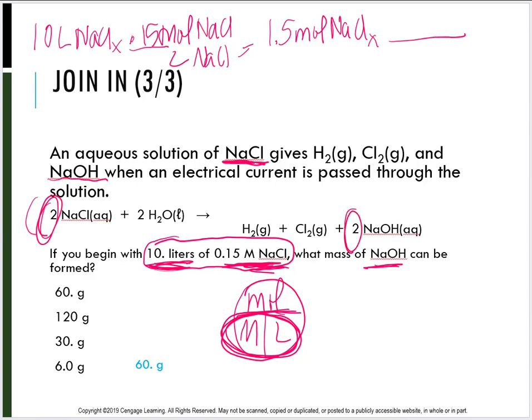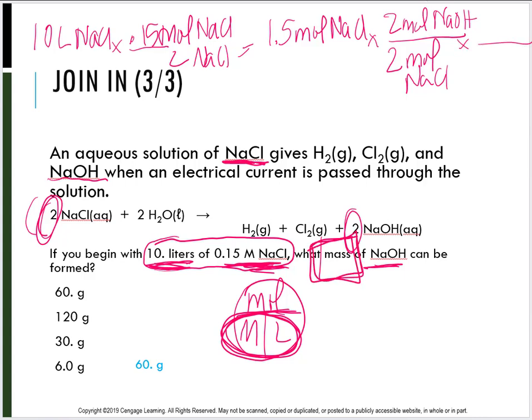It's a 2 to 2 ratio. NaCl needs to go on the bottom, to 2 moles of NaOH. And we want, what do we want? The ultimate is we want mass. So I'm going to say 1 mole of NaOH.